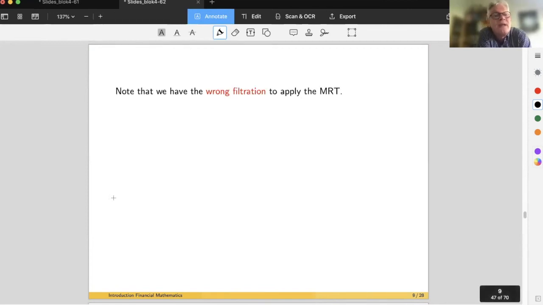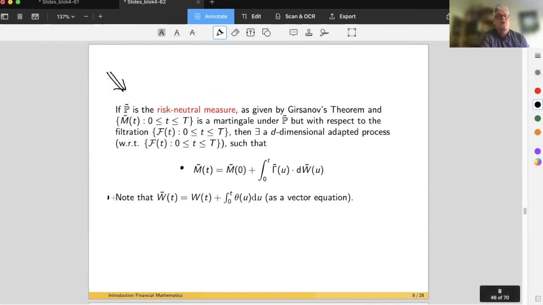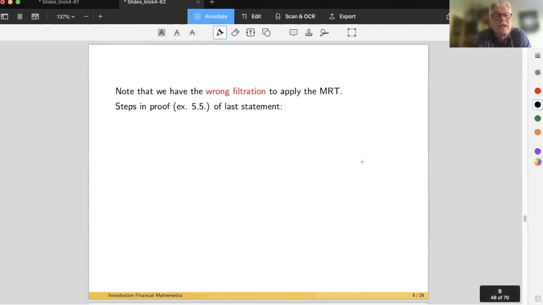And what I meant with the technical detail is that we are dealing with the wrong filtration. When we apply the martingale representation theorem, we have this F here, but we are working with F tilde, as in the one-dimensional case. And the steps in the proof that resolve this are again in exercise 5.5.